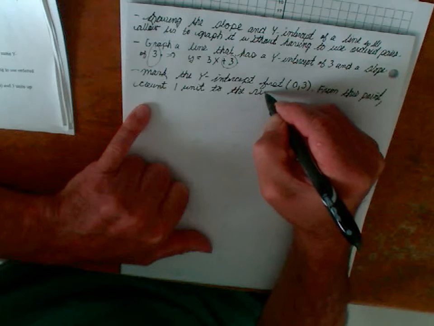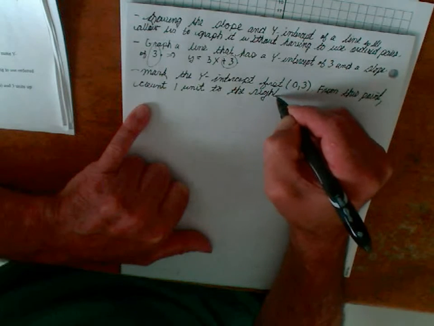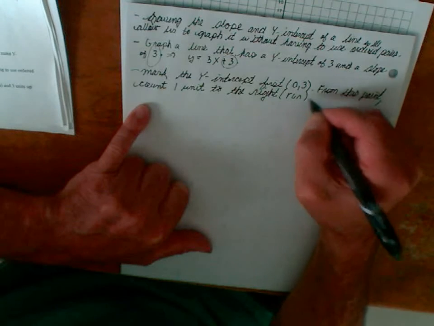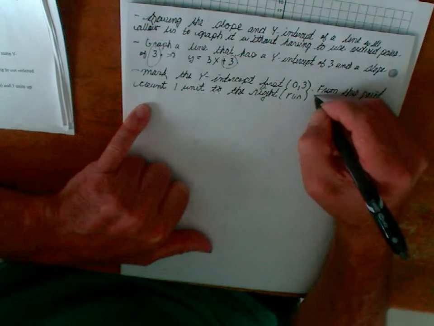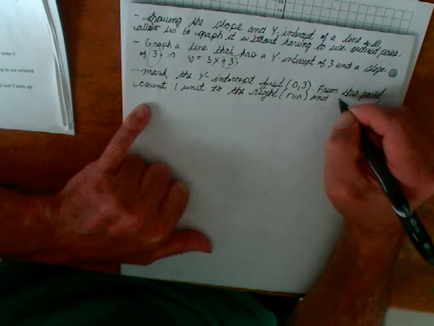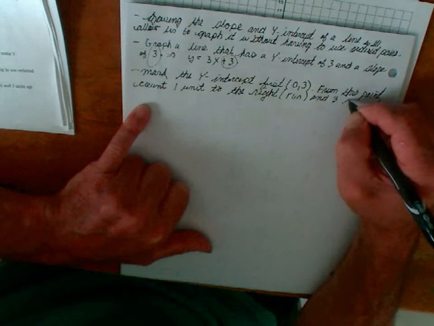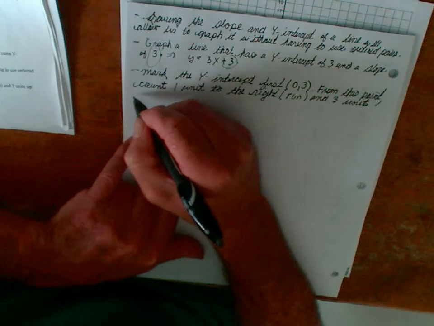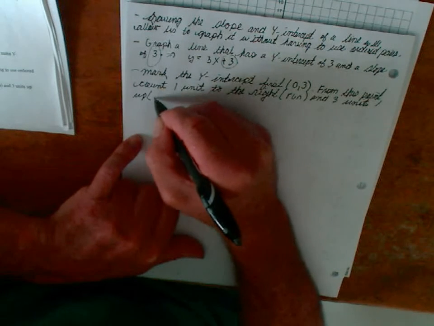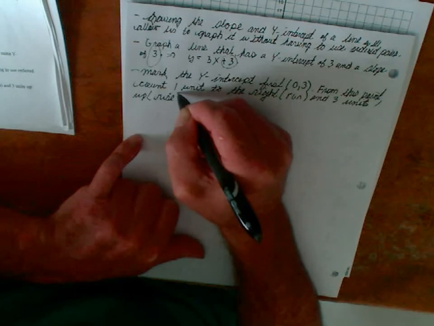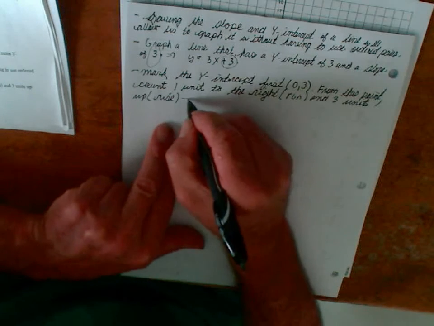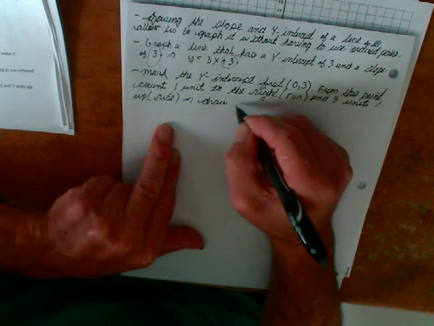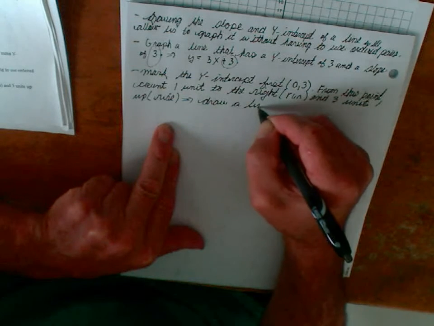Remember, right is run. This is going to be our run, so this will go along the x-axis. And our rise is 3 units up. Now that we'll have 2 points, draw a line.